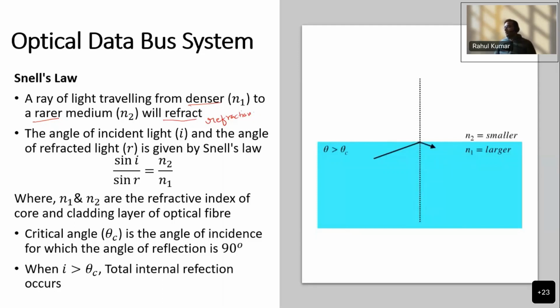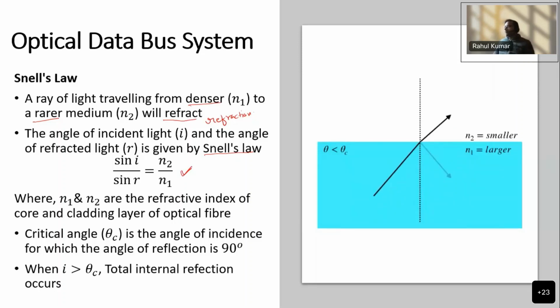Refractive index basically tells us the optical density of a medium, that is, how fast the light can propagate in that medium. Now the relation between the angle of incidence, refraction, and the refractive index of the two media is given by your Snell's law, by this equation.